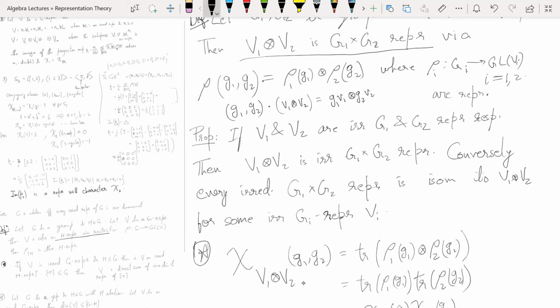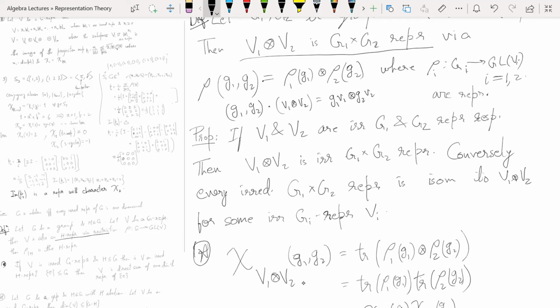So if V1 has basis E1 to En, and V2 has basis, let's say, F1 to Fm, then V1 tensor V2 is a vector space with basis Ei tensor Fj. And then define the linear map on the basis via this thing, and that gives you this linear map. So that is how we are thinking of it.